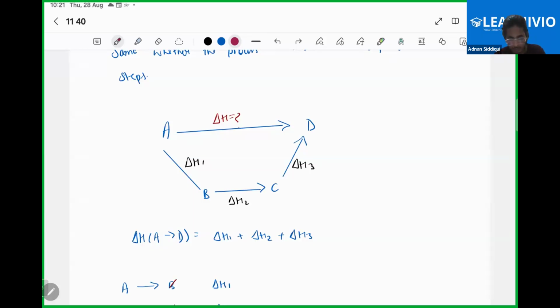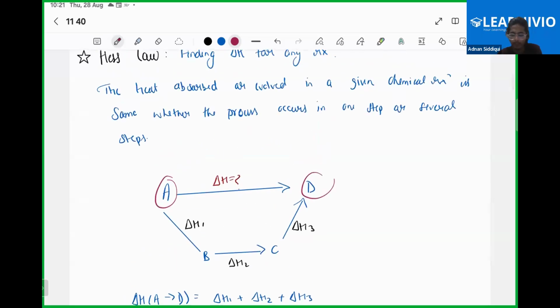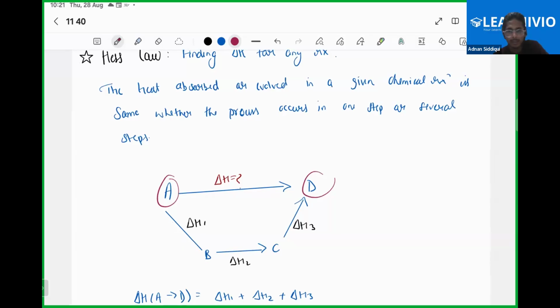So what we are going to understand here is the value for change in enthalpy from A to D is equal to the sum of the A to B, B to C, and C to D. If I go back and again read the definition, what it is saying, the heat absorbed or evolved in a given chemical reaction is the same, whether the process occurs in one step or several steps. Is it making sense?